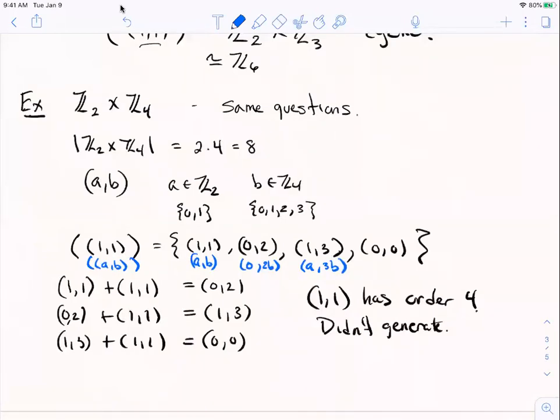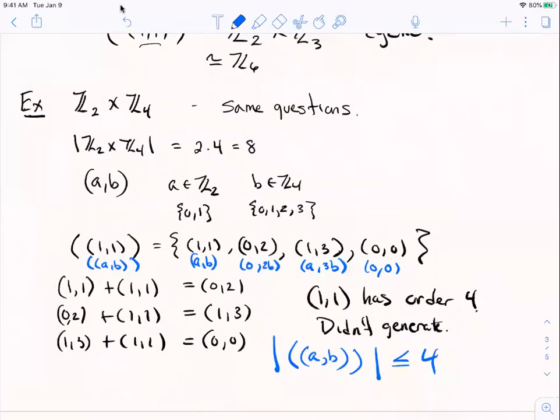And then I add (A, B) to that, and I'm going to get A plus A, well, that's 0, and I'm going to get 4B. And in Z4, no matter what B is, so actually, any element (A, B), if you take the subgroup generated by it and look at how many things are in it, we just proved you're never going to get more than 4.